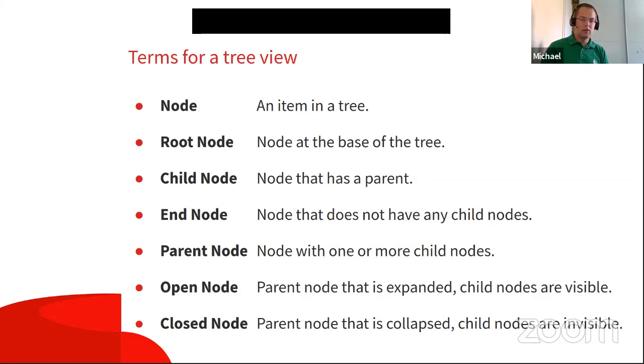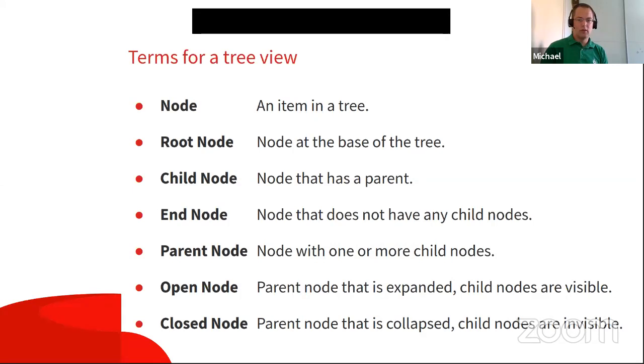And you have end nodes, that are nodes that do not have any child nodes. Parent nodes are nodes with 1 or more child nodes. And for parent nodes, you can distinguish between open nodes and closed nodes.